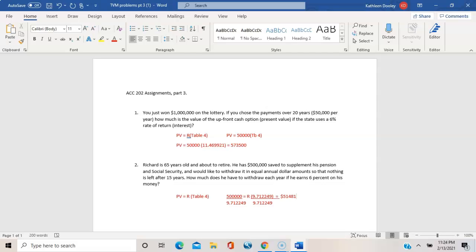And then finally, the last, 15th year, he'll take out the 51,481 and he'll be left with nothing. So he has to hope that he has some other plan in place if he lives longer than 15 years.